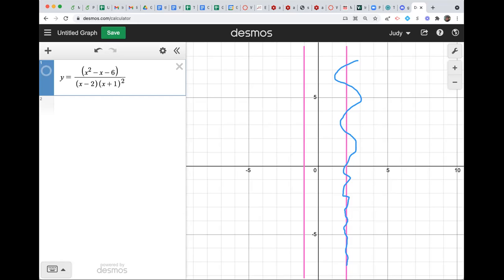Okay, we cannot cross the vertical asymptote because then our graph is no longer a function, and we're looking specifically at functions. That's why when people say an asymptote is a line that you get close to but you never really cross, what they really mean is a vertical asymptote is a line that a function gets really close to but never touches or crosses.